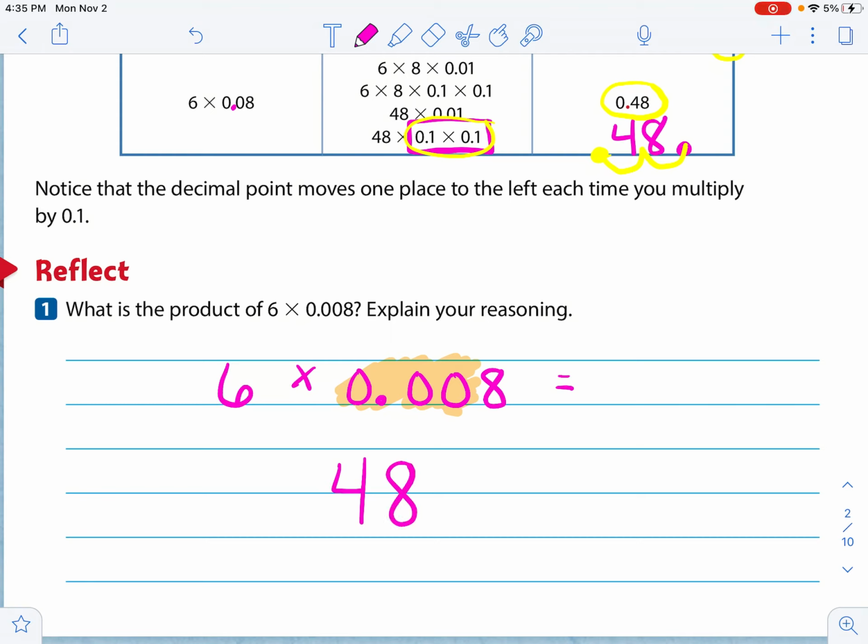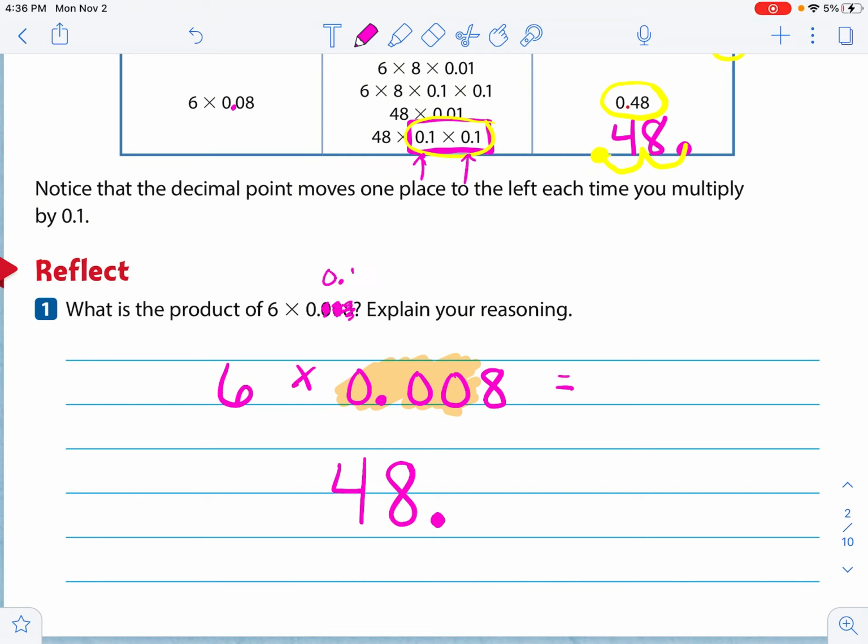Write that down on your lines. You can use up all that space. Where is the decimal point in 48 wholes? It's hiding at the end, remember? Now look at how many spaces we have, how many zeros we have. 1, 2, 3. So it's 3 places.